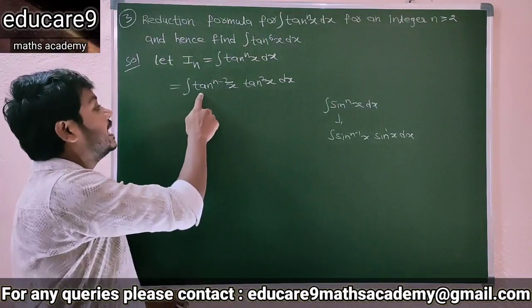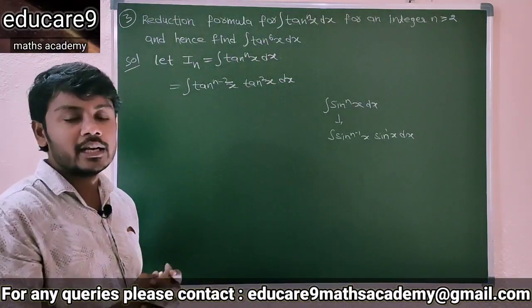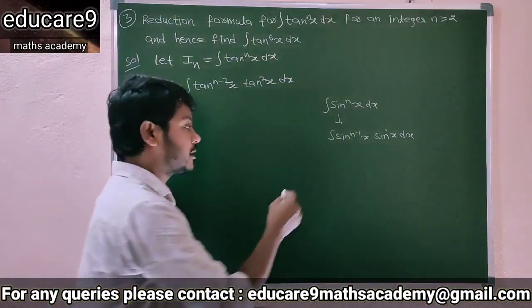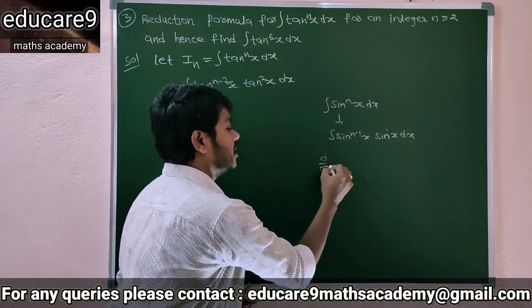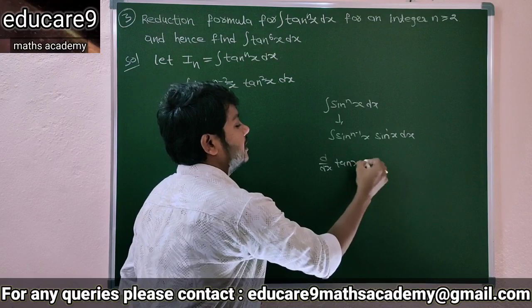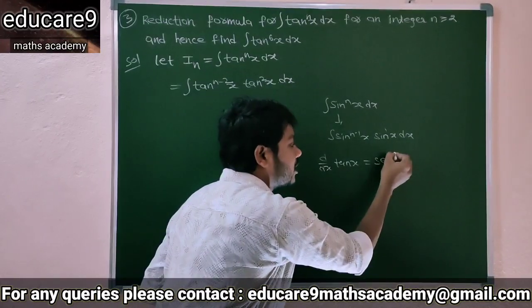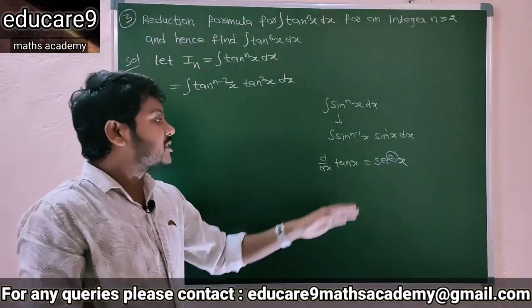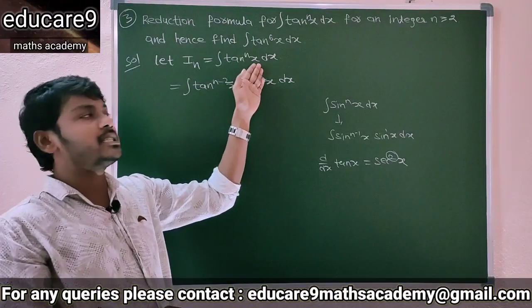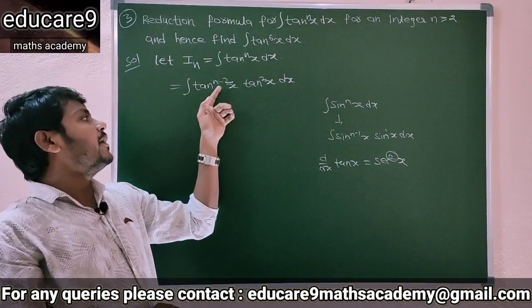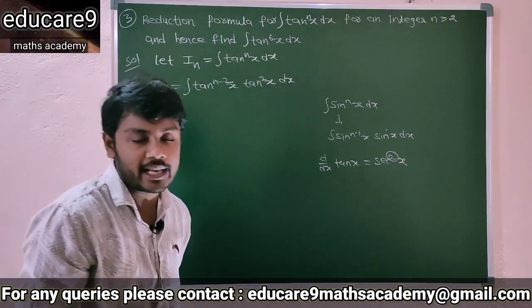But here, what is the derivative of tan x? You know that d by dx of tan x is sec^2 x. So clearly your power is 2 only. That's why I am writing tan^n x dx as tan^(n-2) x tan^2 x dx.